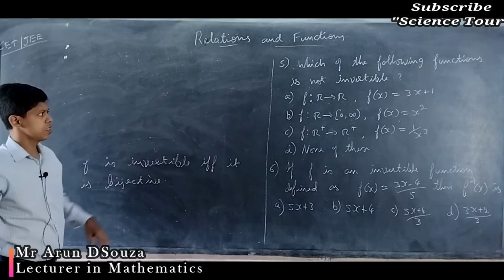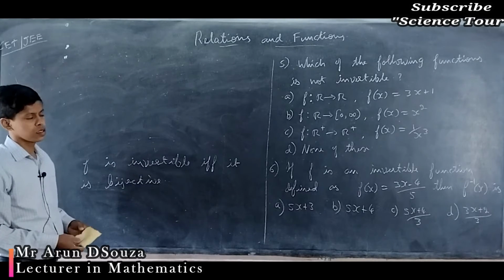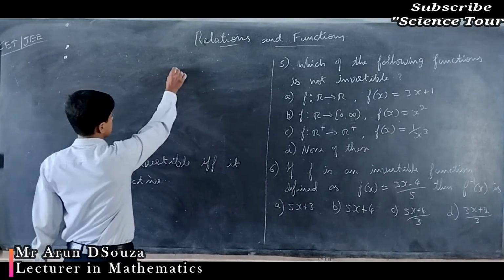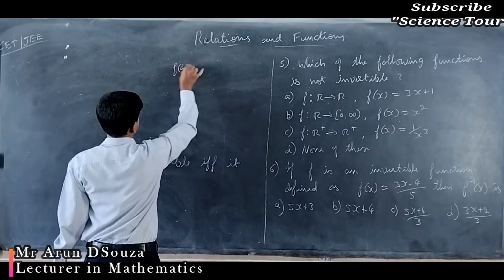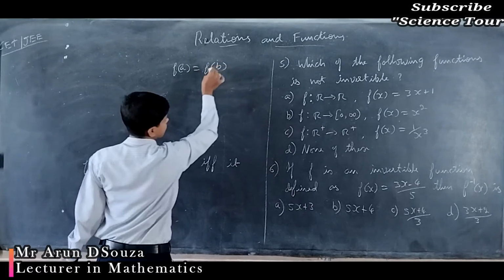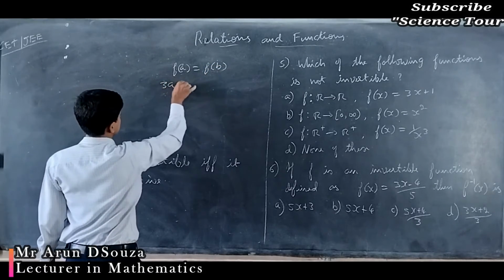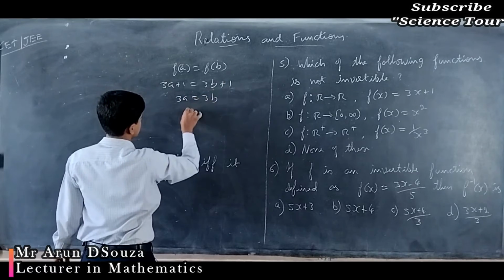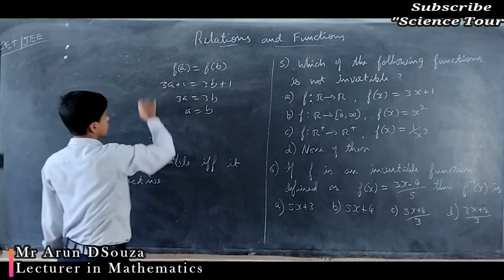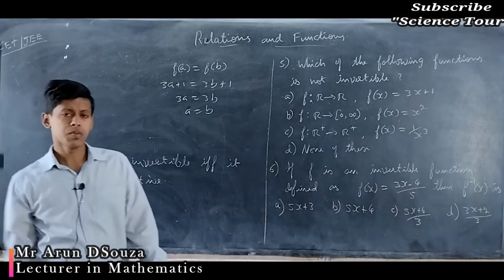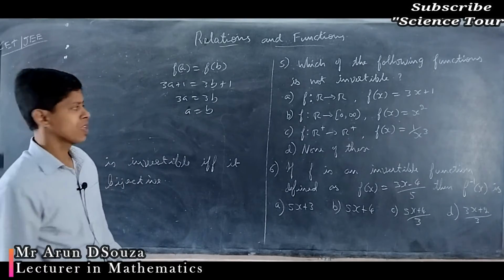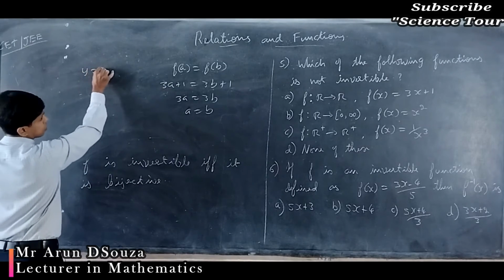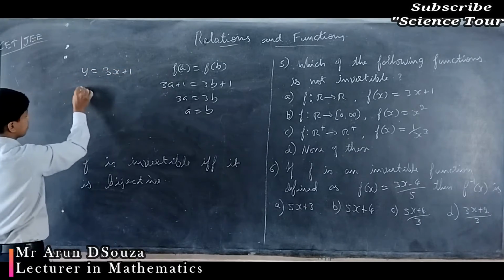Right. So first you have got f of x equals 3x plus 1. Alright. So if f of a is equal to f of b, that is 3a plus 1 equals 3b plus 1, 3a is equal to 3b. That means a is equal to b. So f of a is equal to f of b implies a is equal to b, means it is one-one. And it is onto too: say y equals 3x plus 1.